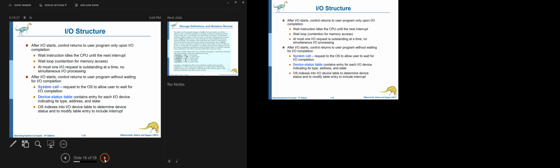In fact, here's a slide where I talked about the idea that the CPU has to do something, and we like it to use its time effectively before going on to something else.